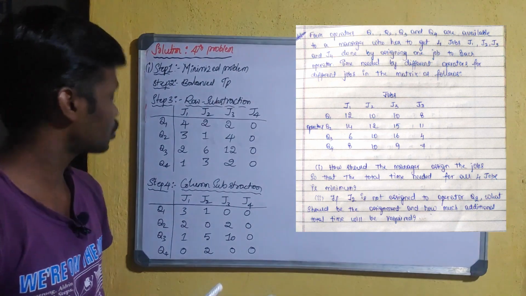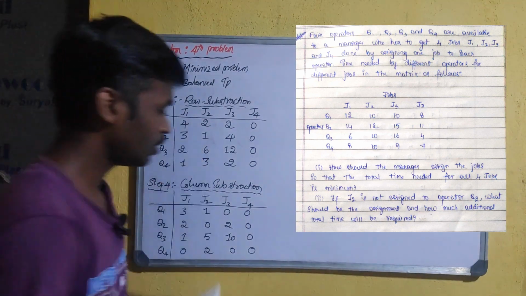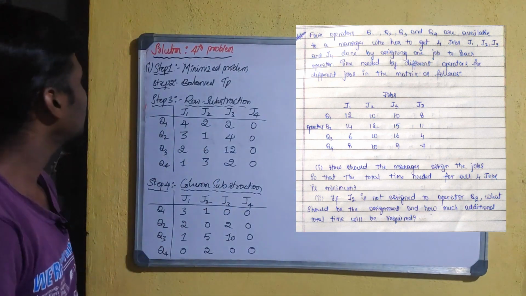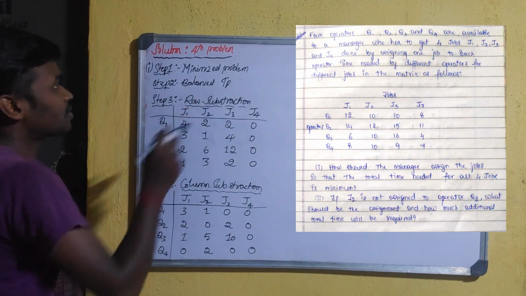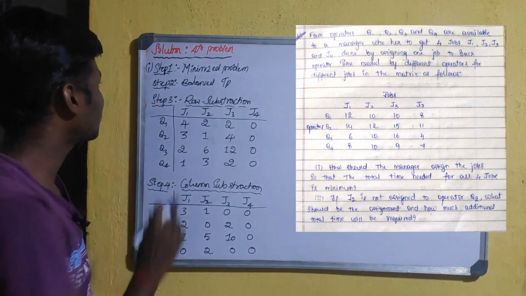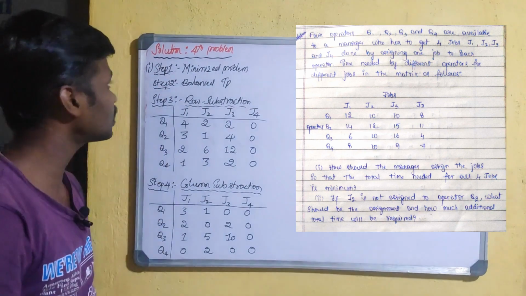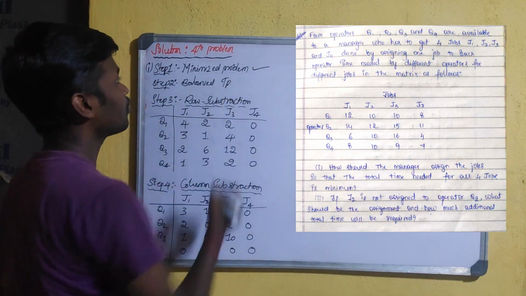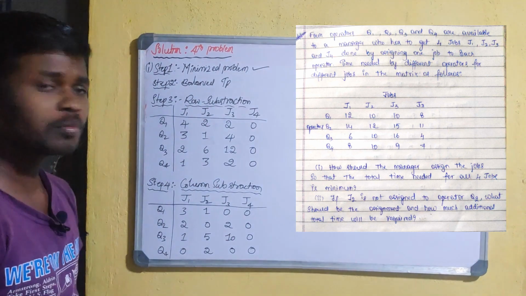See the first question. First step: the problem itself states that it is a minimization problem, so in the first step we are confirming that it is a minimization problem.